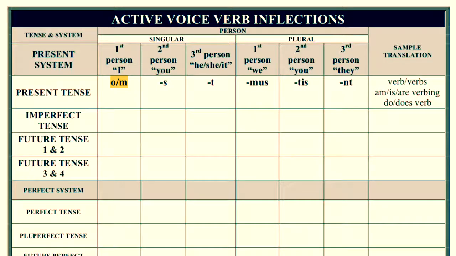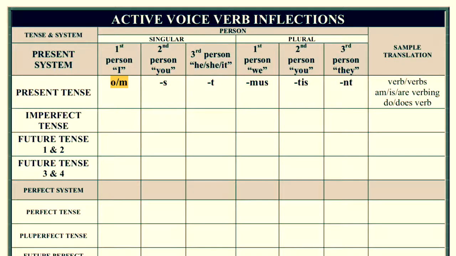A verb inflection tells us what tense the verb is in, and it also tells us what the person or subject of the verb is. Person is also associated with number, meaning singular or plural.